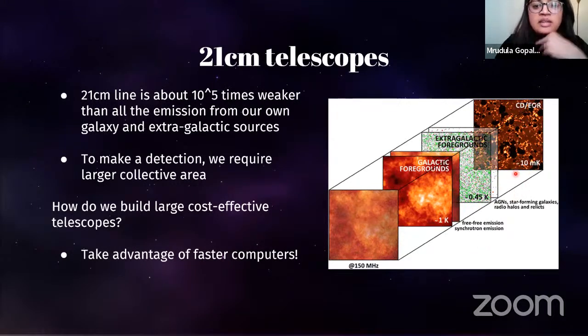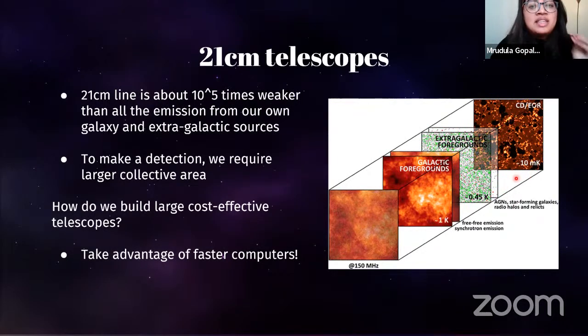In radio astronomy, the strength of a signal is expressed in terms of brightness temperature. So basically, it's expressed in terms of temperature. And here it's showing you that the magnitude of the 21 centimeter signal we're interested in is 10 millikelvin.